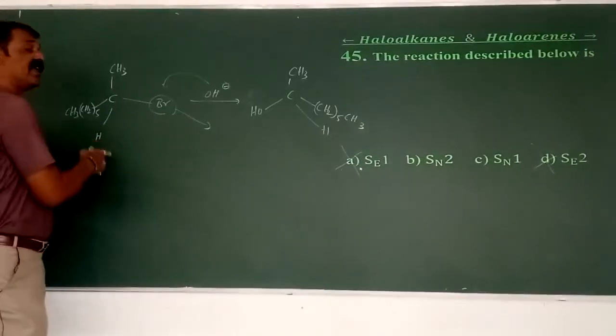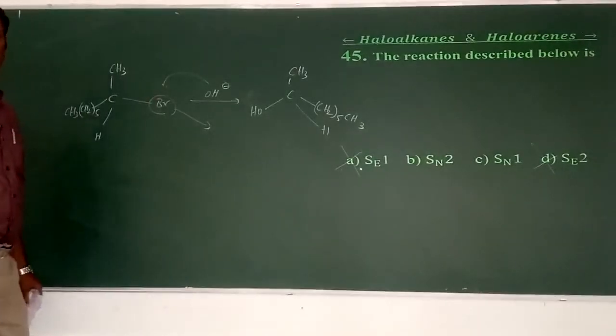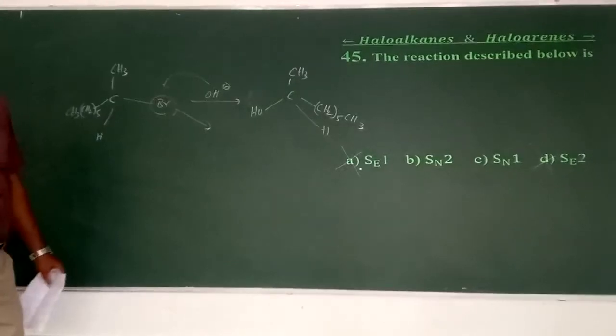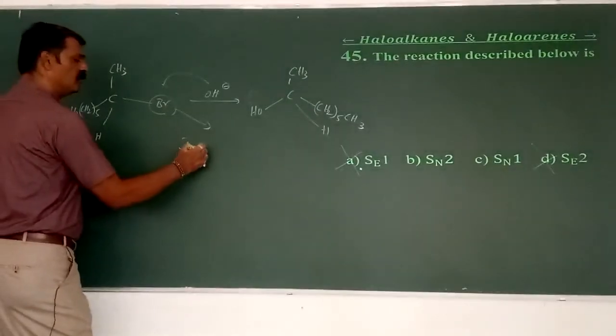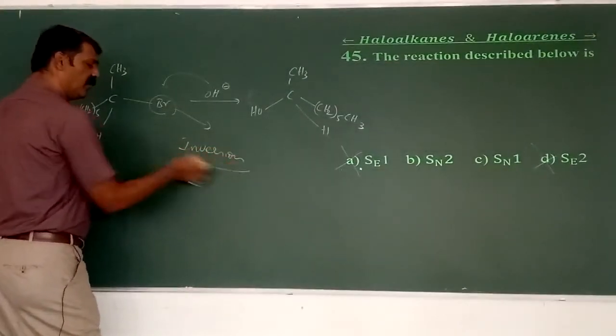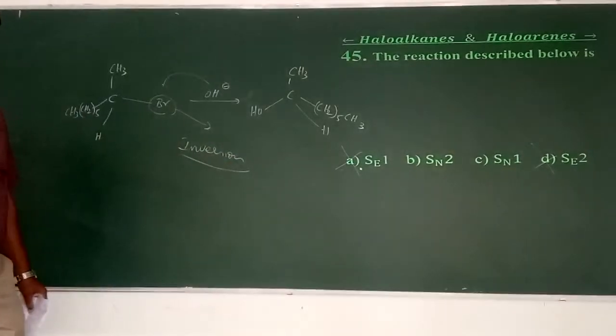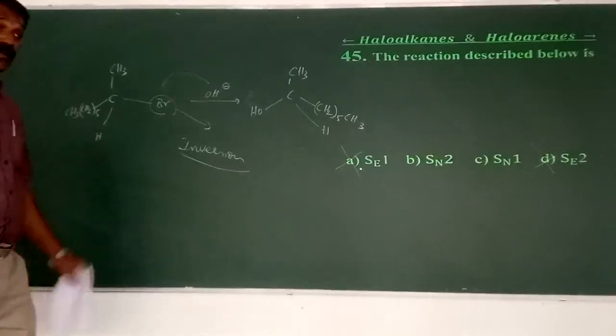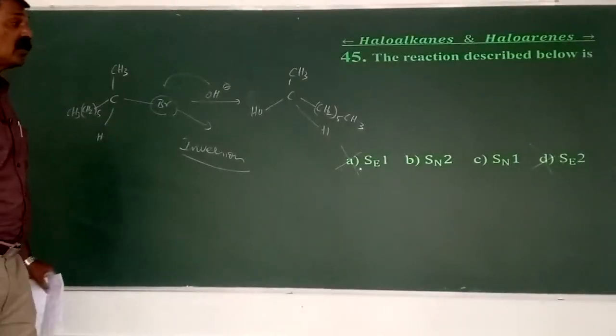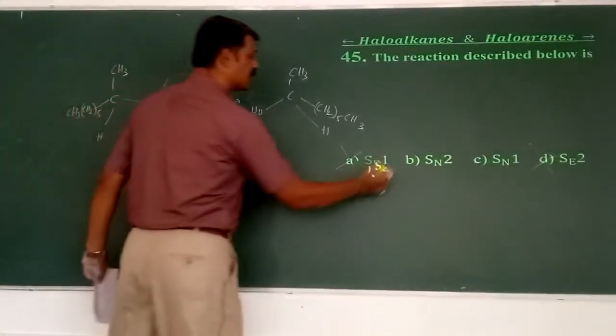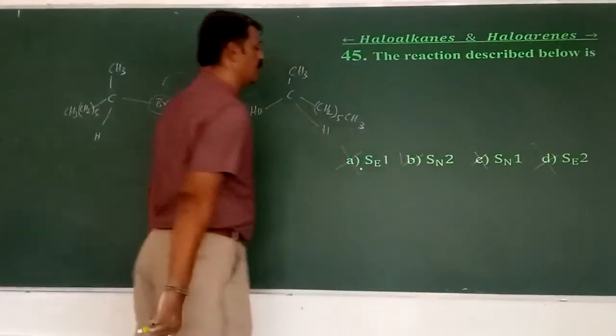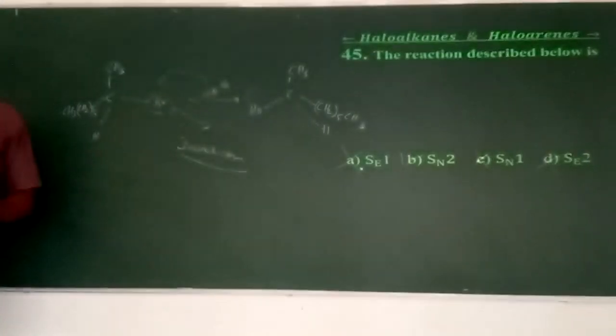If this is the D isomer, then it becomes the L isomer. It is called inversion, which refers to SN2. If it attacks from both sides, it is SN1, which gives racemization. Here the product is obtained with opposite optical rotation, that is why it is SN2. Hence, 45 is B.